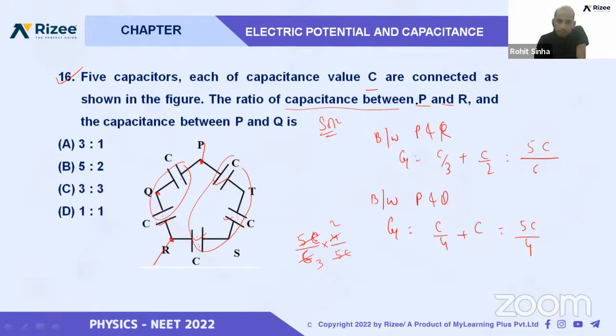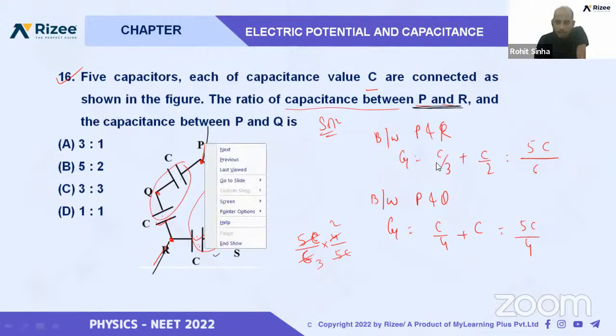You can see between P and R, both are in series, so we write C by 3, and C by 2, and both are in parallel. So C by 3 plus C by 2, we will get 6, and we can write 5C by 6.